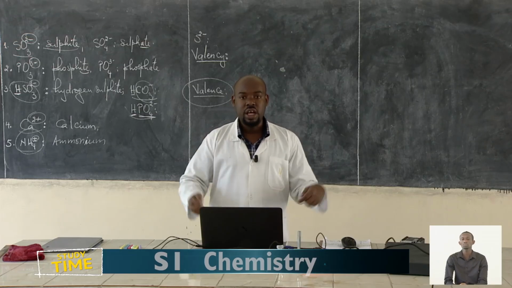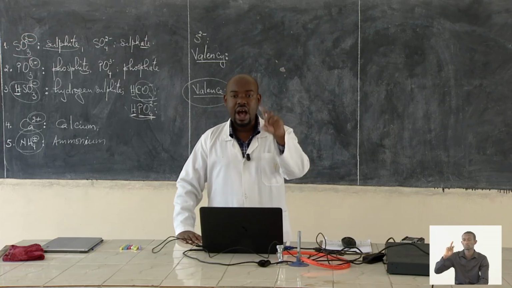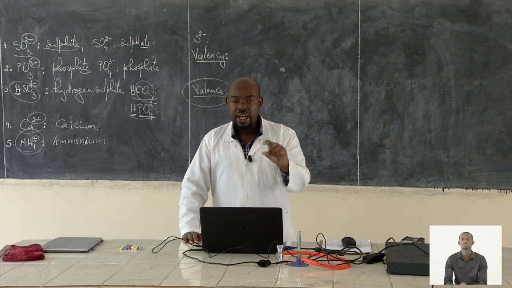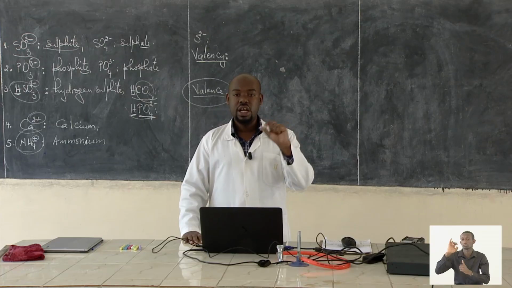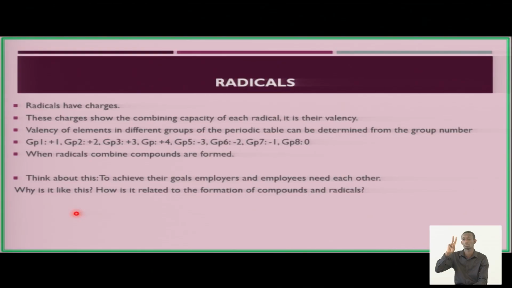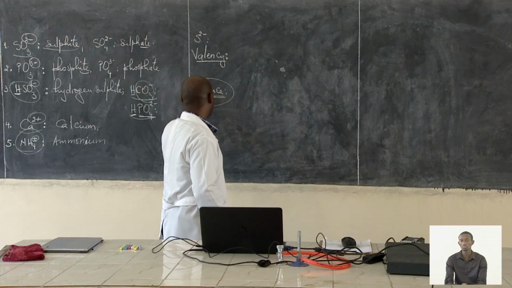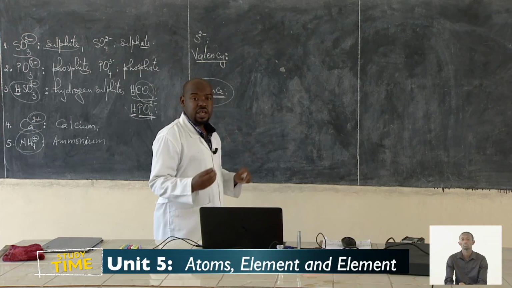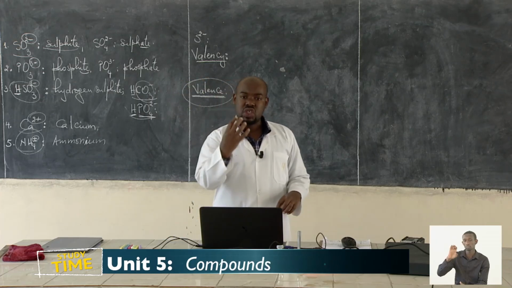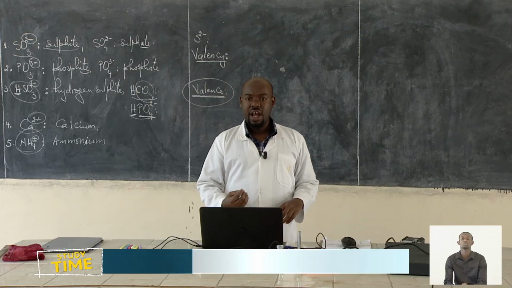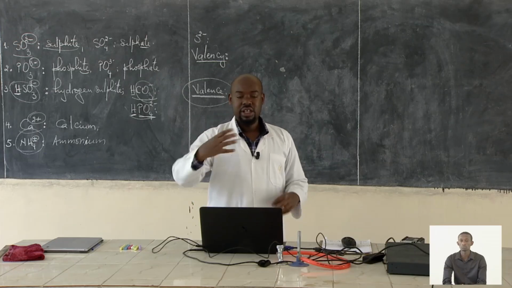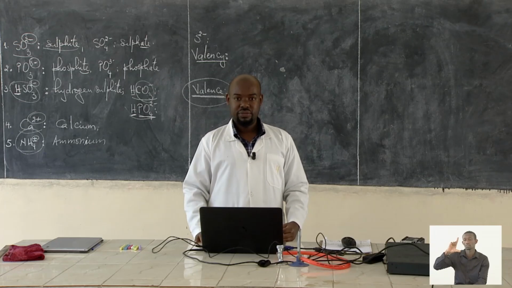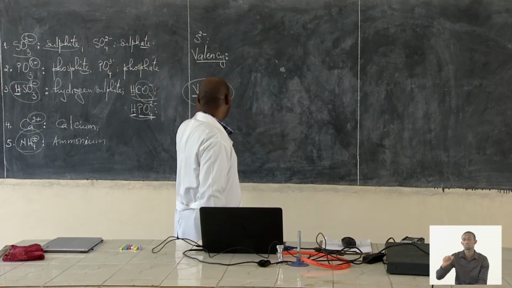So the number of electrons present in the last energy level or the last shell, we call that valence electrons. So valence means last, okay? Valence, the last one. So valence electrons means the electrons in the last electronic shell, and valence shell means the last electronic shell. So we understand the meaning of valence.